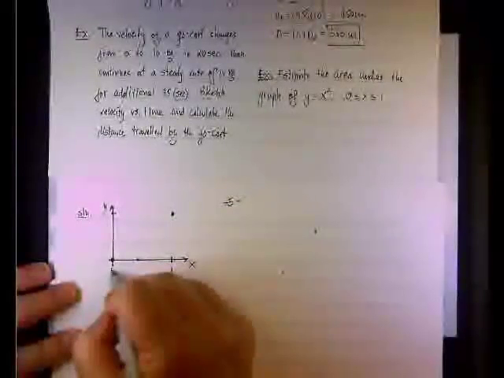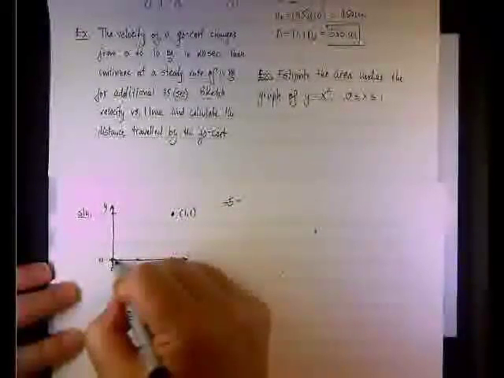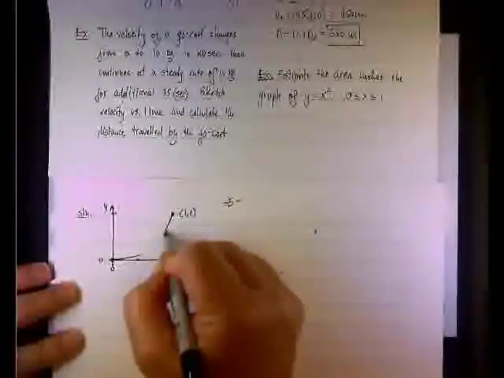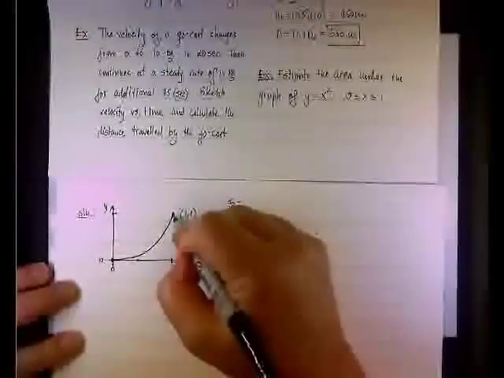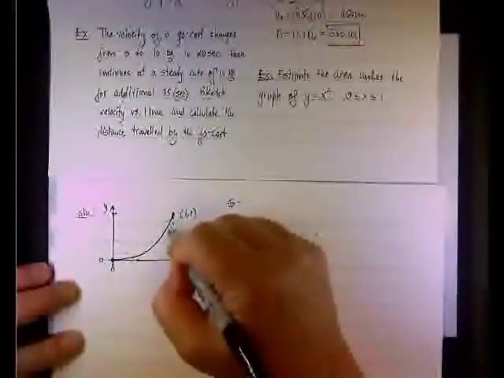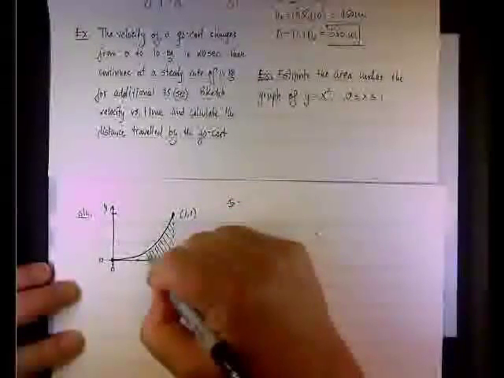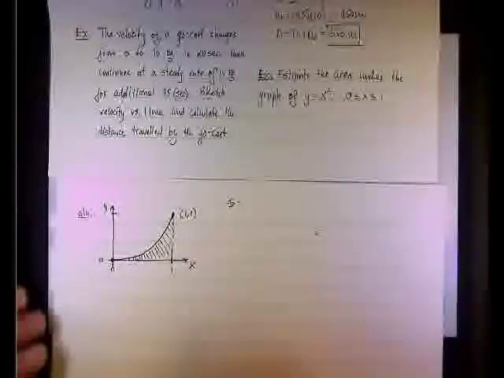So we have one endpoint at 0, 0, and the other at 1, 1. And in between, we have the right side of the base parabola y equal x squared. And what we're interested to find is the area below the graph, or between the graph and the x-axis when x goes from 0 to 1.